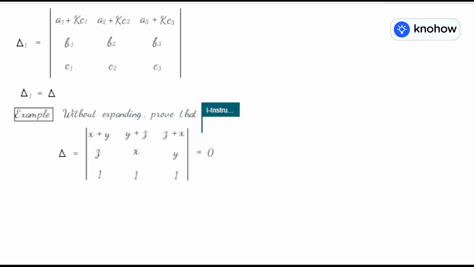So let's see how to prove it. Now the first property here I apply, that replace the elements of R1 by R1 plus R2. But before you start writing, you have to think it orally. You know, there is no set rule to prove such kind of question. All kinds of logic you have to apply orally before you start doing. Why have I already written here applying R1 plus R2?